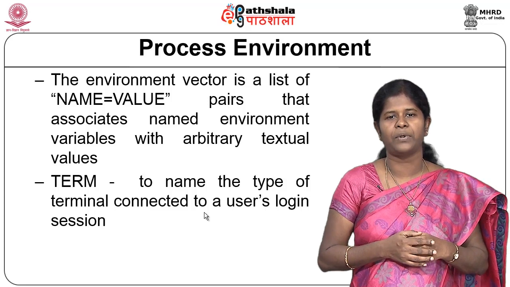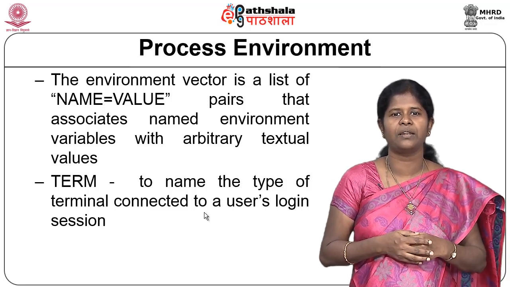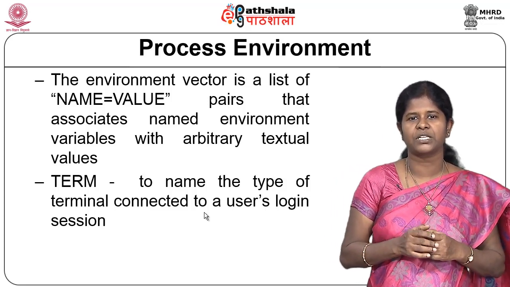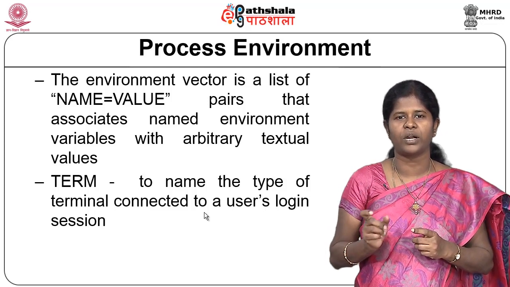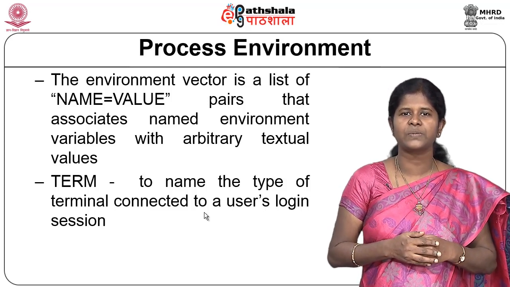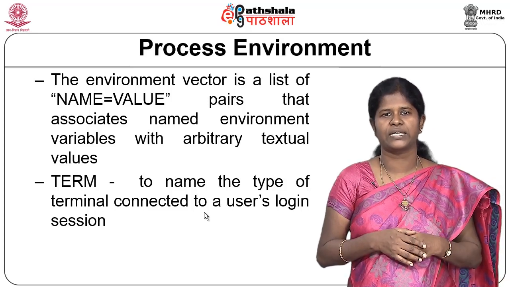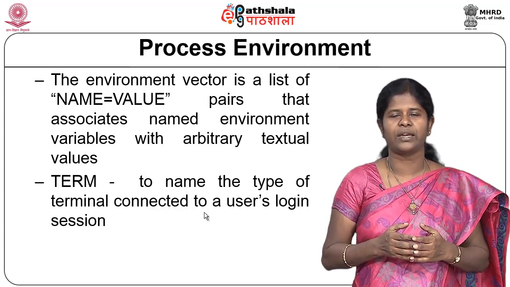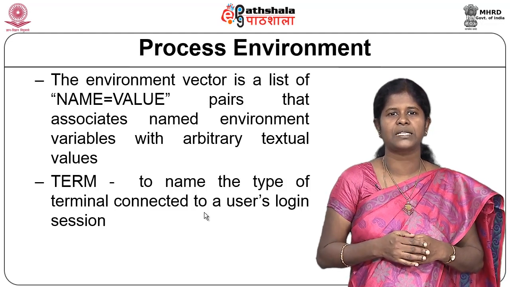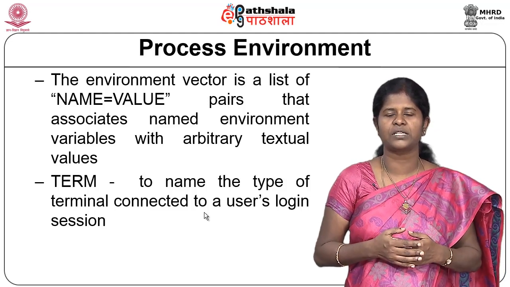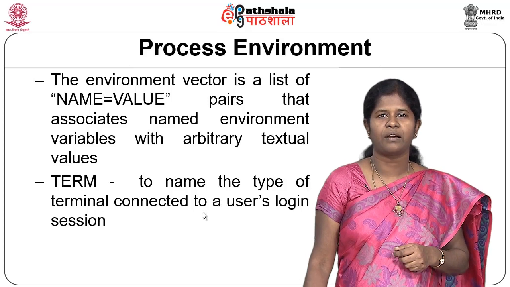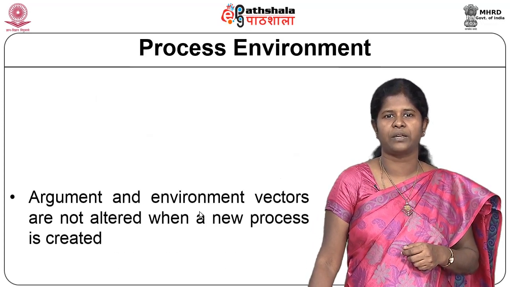For example, one such environment variable can be TERM. You can have TERM equal to whatever the terminal is. This is used to specify the type of the terminal which is connected to a user's login session. Very similarly you can set many other environment variables, and these can be given as arguments when a new program is being run.